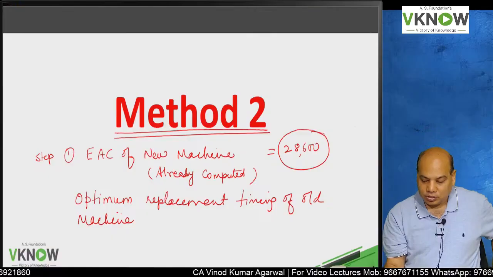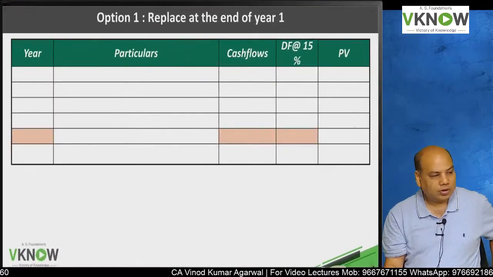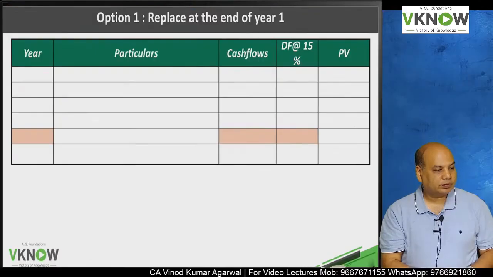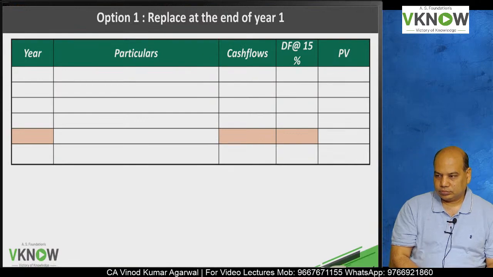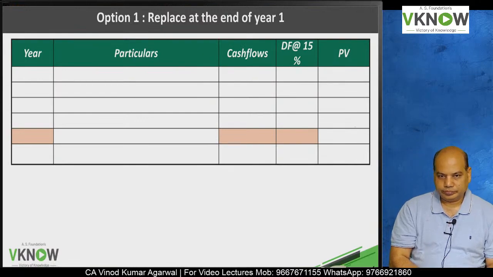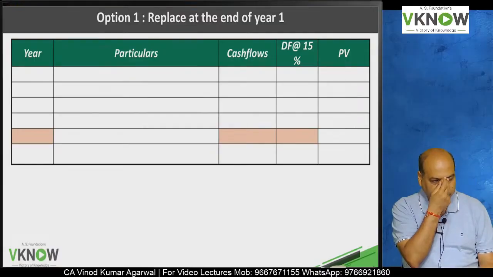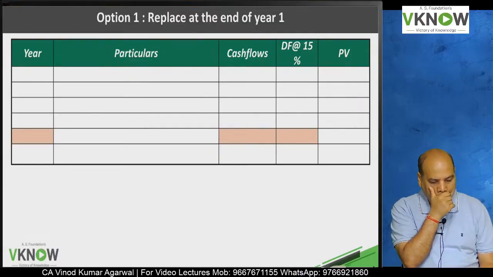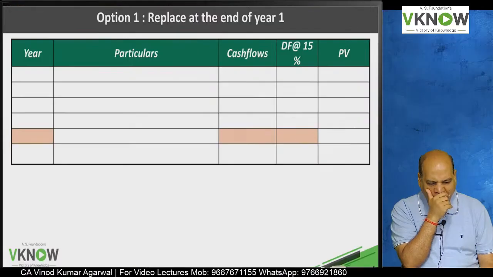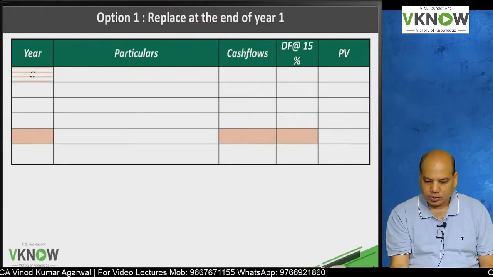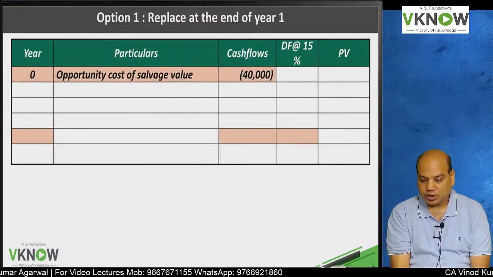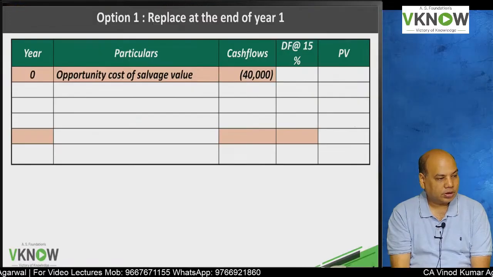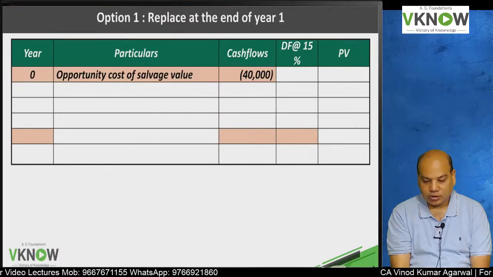Under that you write down option 1, replace at the end of year 1. Write down the table first. Year, particular, cash flow, discounting factor at 15%, present value.